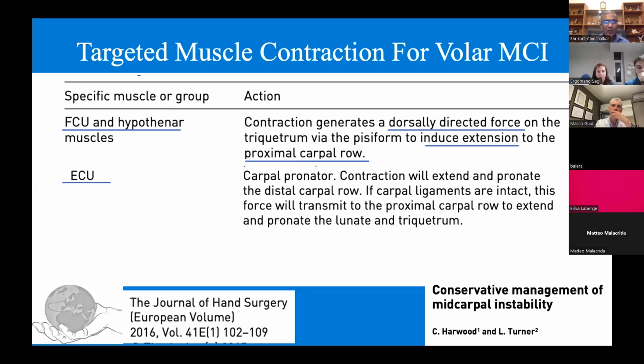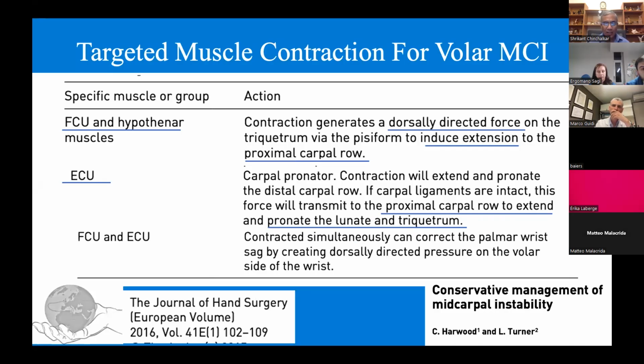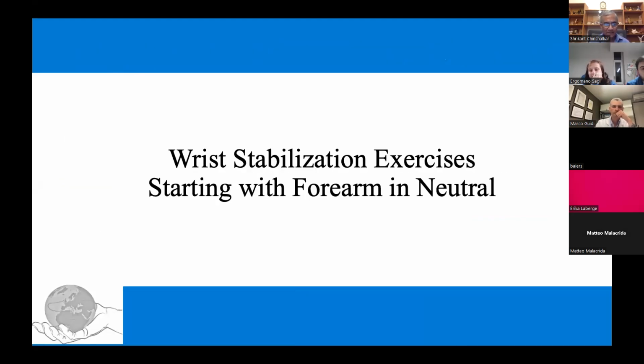Whereas ECU is a carpal pronator, and this also helps with the lunate and triquetrum and their orientation. The combination of both FCU and ECU strengthening causes dorsally directed pressure on the ulnar side of the wrist, reorientating the carpus. So these are the targeted muscle contractions for volar midcarpal instability patterns.